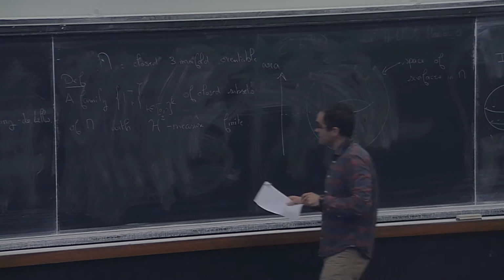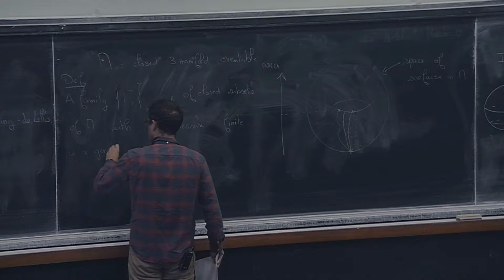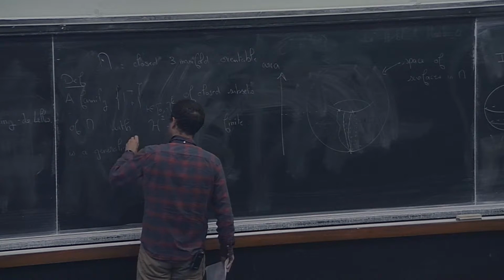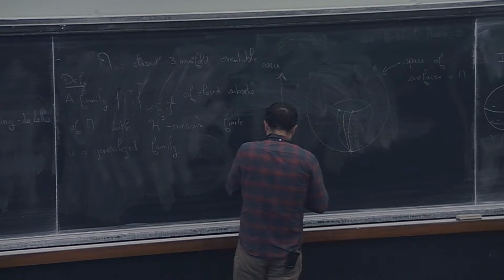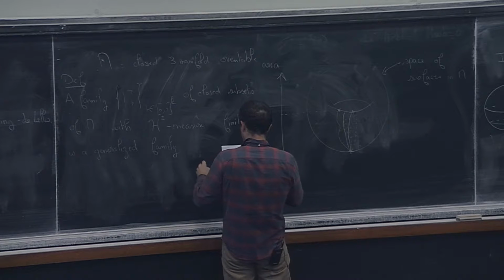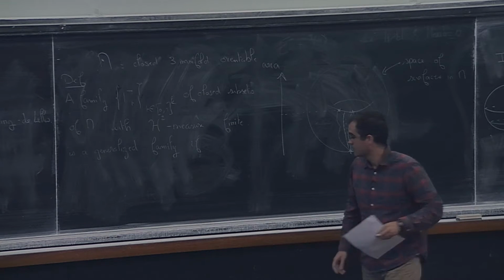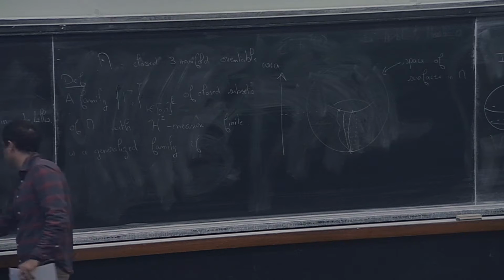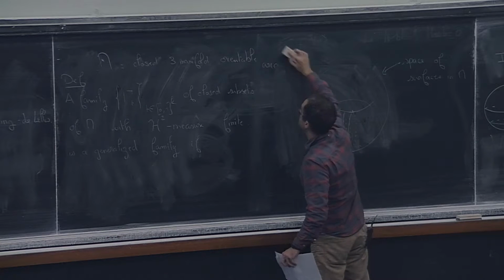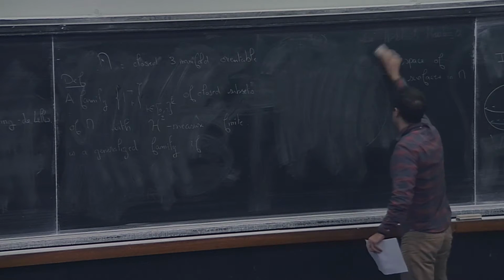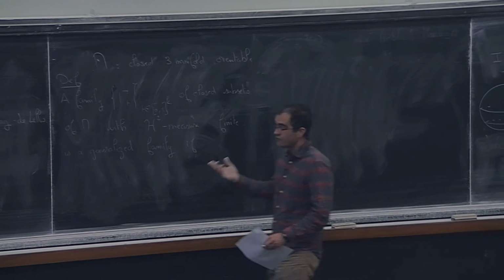So you say that this is a generalized family. So you need some property in order to say, okay, they are continuous in the parameter t, and they are surfaces.